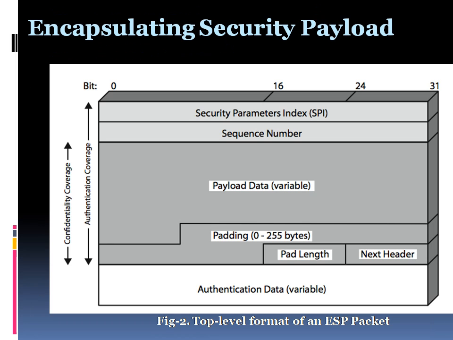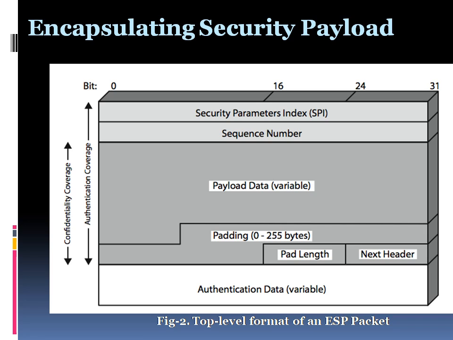Now coming towards the ESP format, this ESP format contains the following fields: Security Parameters Index or SPI, the sequence number, payload data, padding, which in turn consists of a pad length and the next header field, and lastly we have the authentication data, a variable field.